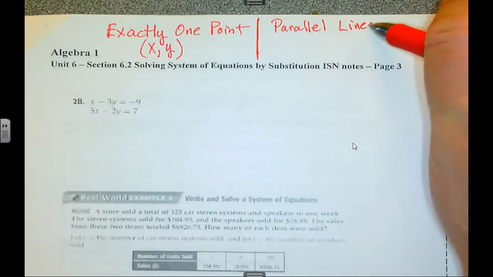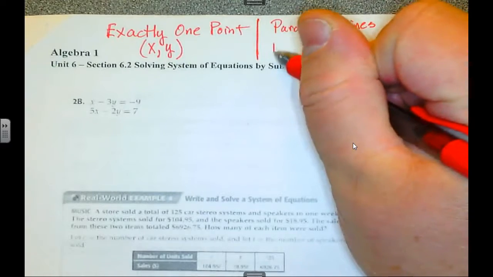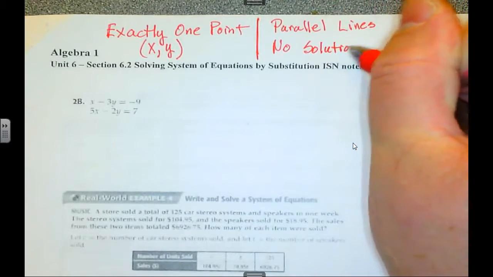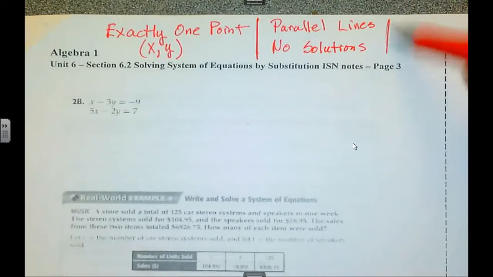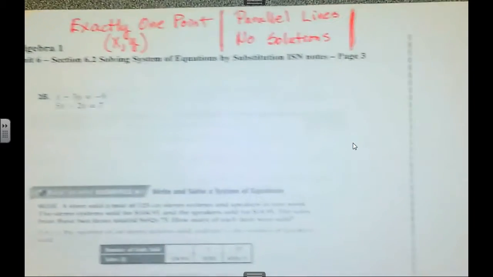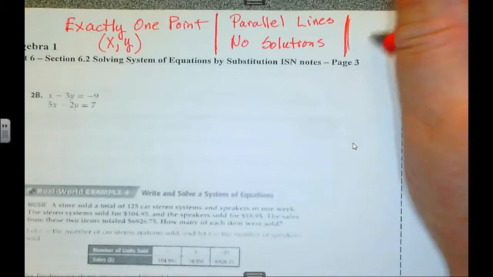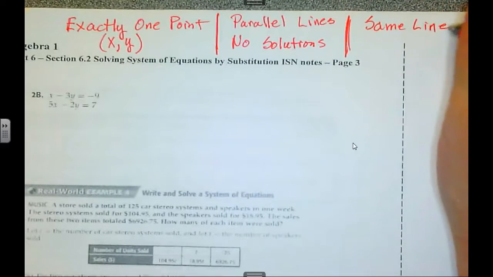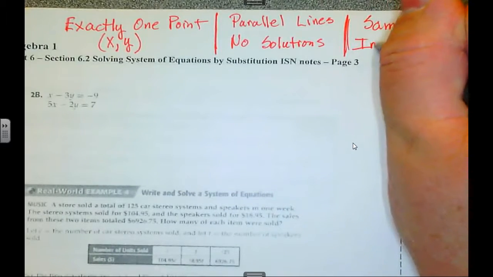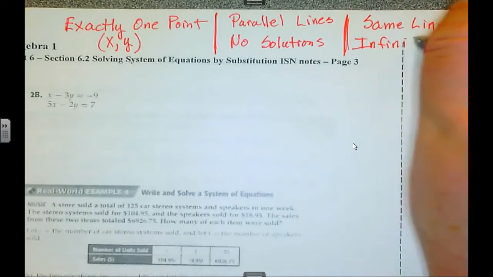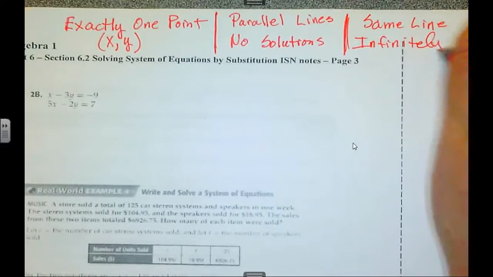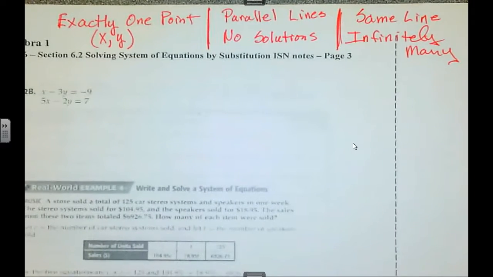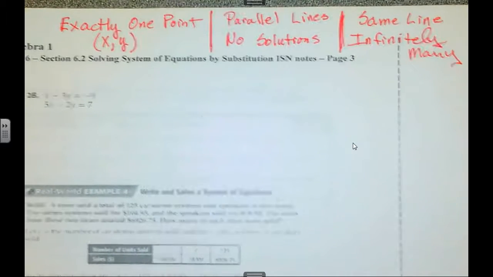And how many solutions does that have? No solutions, because they don't intersect, right? In the third scenario, infinitely many. That's the same line. Okay? That was the same line where they intersect at every point.